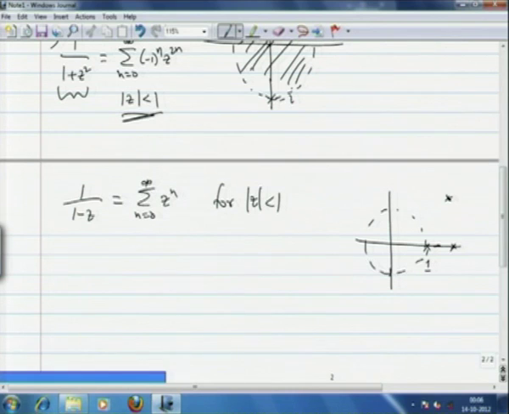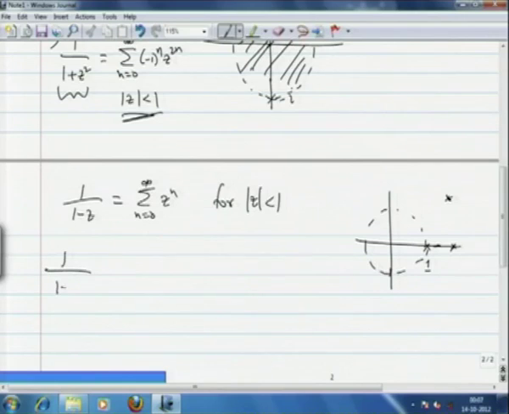So, can we do something else to write 1 by 1 minus z as a certain series outside the disk of radius 1? So, in an open set which is outside the closed disk of radius 1. Okay. So, yes, we can do that by a small manipulation.